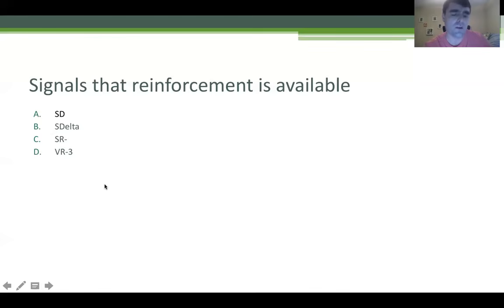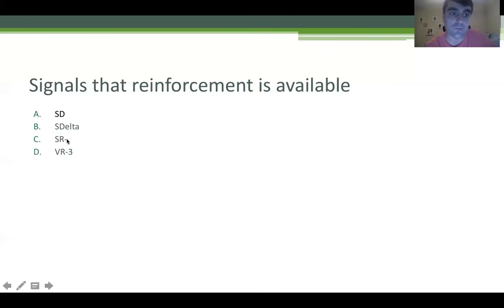SR minus. Now, what is this? This is negative reinforcement. So when you see these shorthands, if this was R plus, you could call it positive reinforcement, right? But it's not signaling that reinforcement is there.